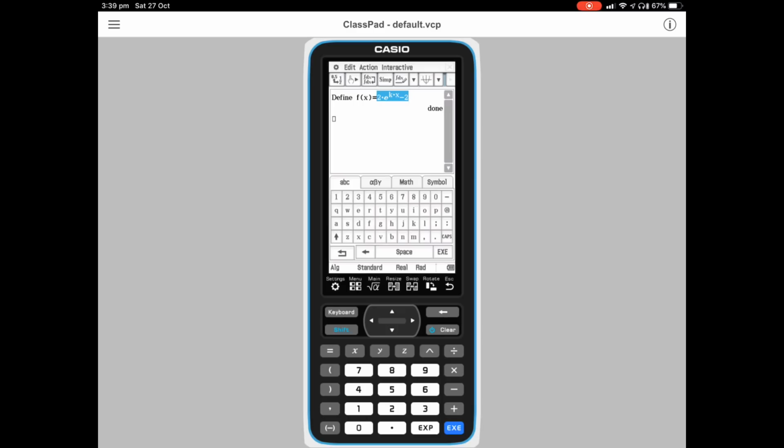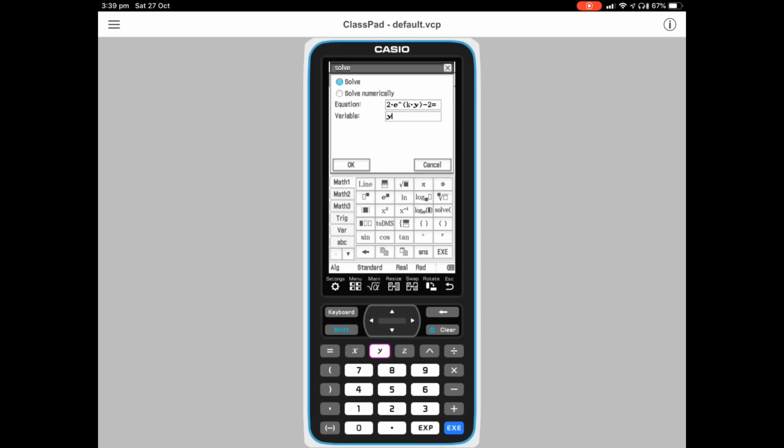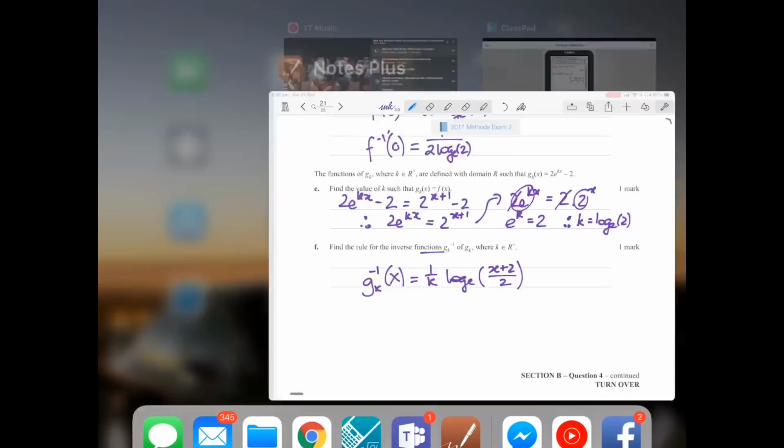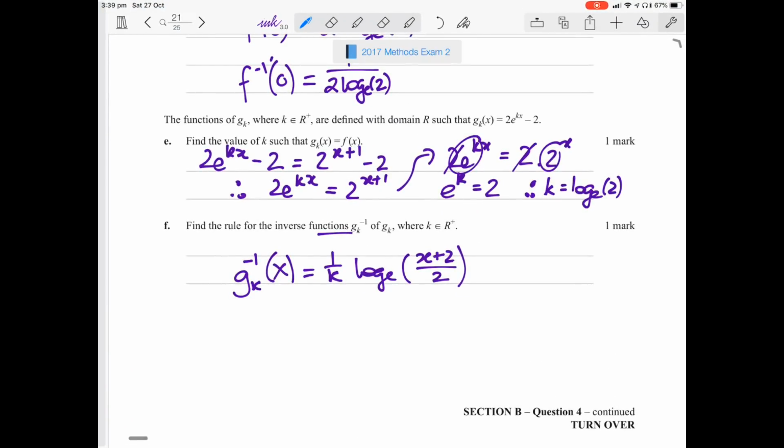Okay, then we can grab this, change that to y, let it equal x, solve for y. Okay, so 1 on k log e of x on 2 plus 1, 1 on k log e of x on 2 plus 1, same thing.